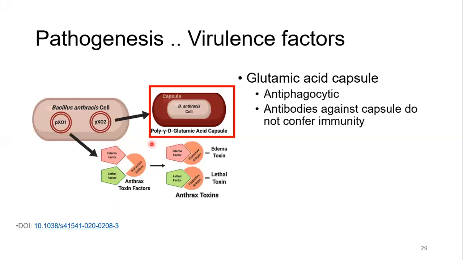And the edema factor and lethal factor have to combine with the protective antigen to form the toxin. So as they are, when they are just factors, they're not able to cause effective downstream effects, but once they combine with the protective antigen to form the toxin, they then act synergistically to cause disease.